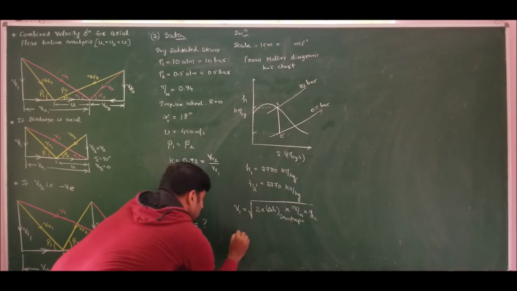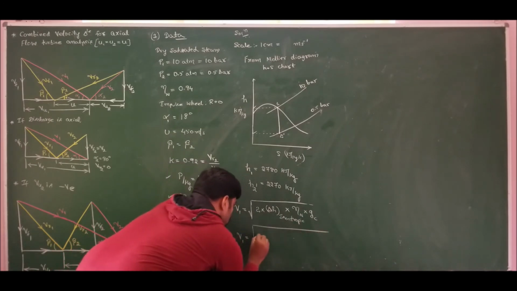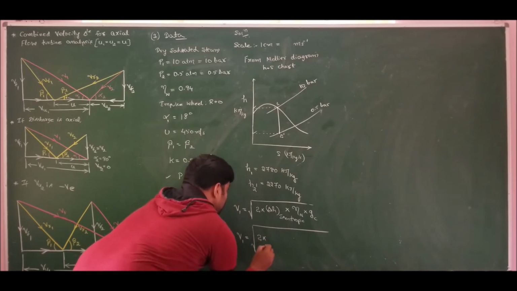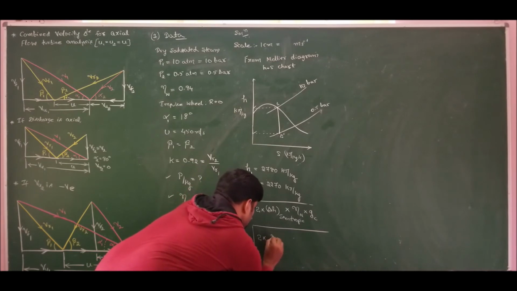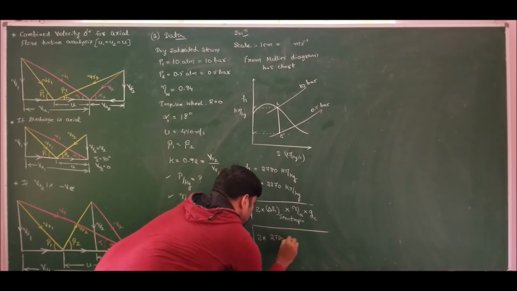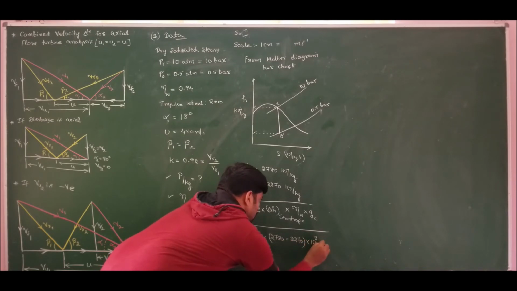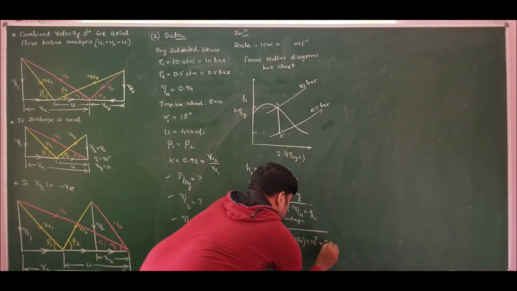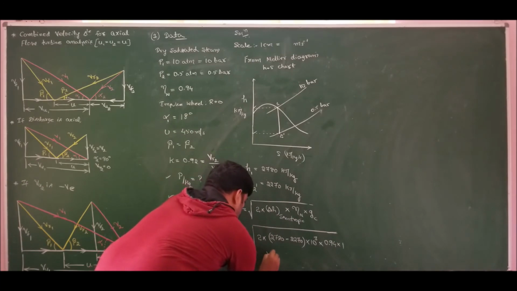So if I substitute, V1 will become square root of 2 into delta H, which is 2780 minus 2270, into 10 to the power 3, because it is in kilojoules, joules per kg, into nozzle efficiency 0.94 into 1.